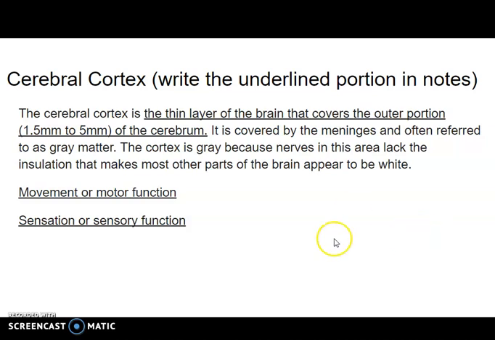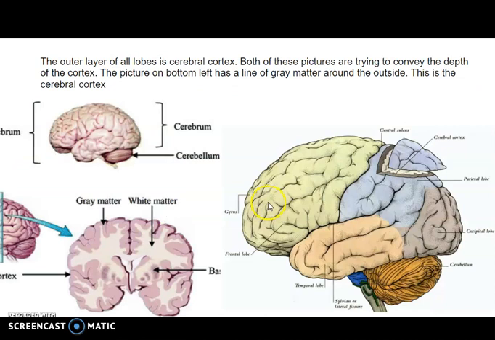You can read it right there because it lacks the insulation, and it makes the other parts of the brain appear white. With the cerebral cortex, movement or motor function and then sensation or sensory function are all parts of that cerebral cortex that you need to know about. That's about it that I want you to know for that one.